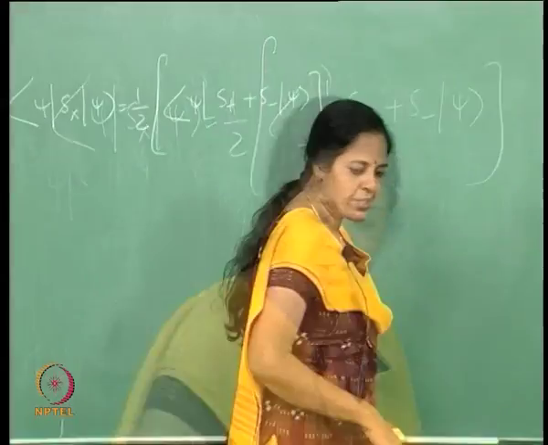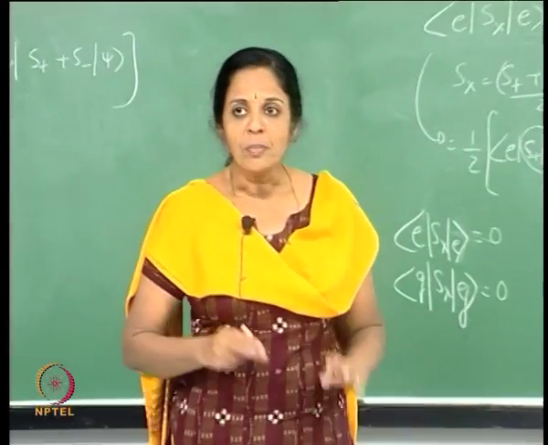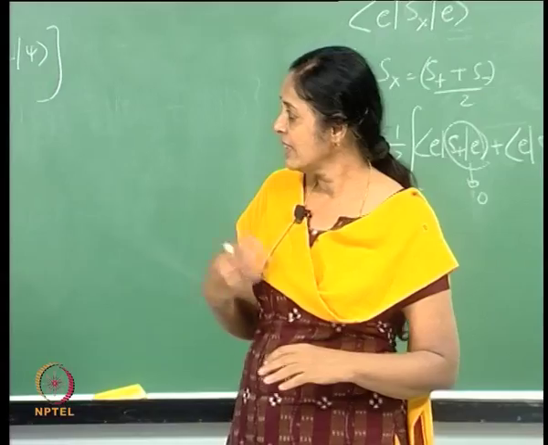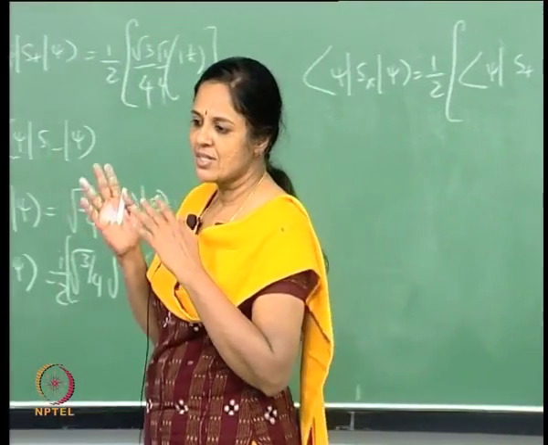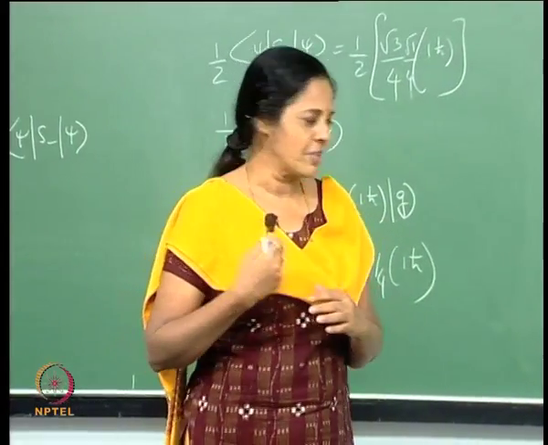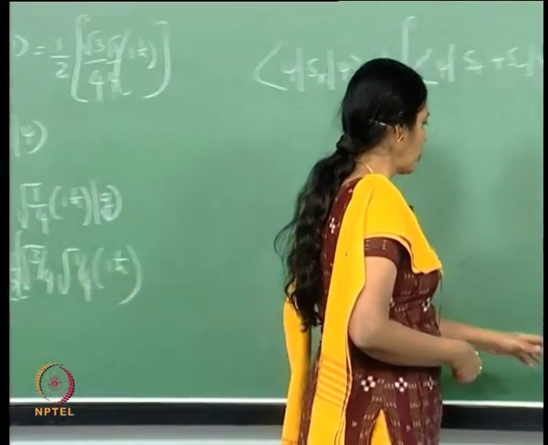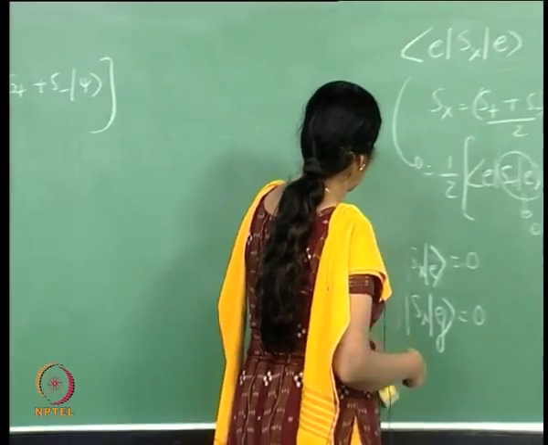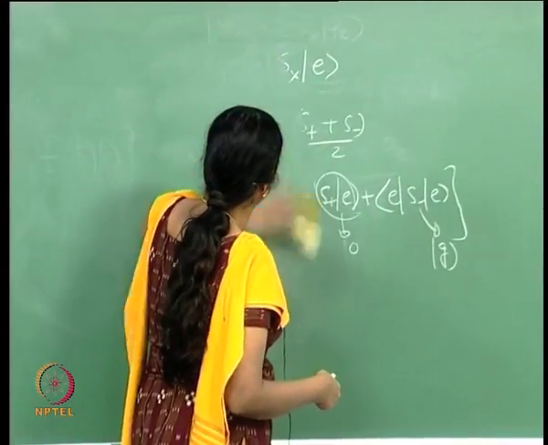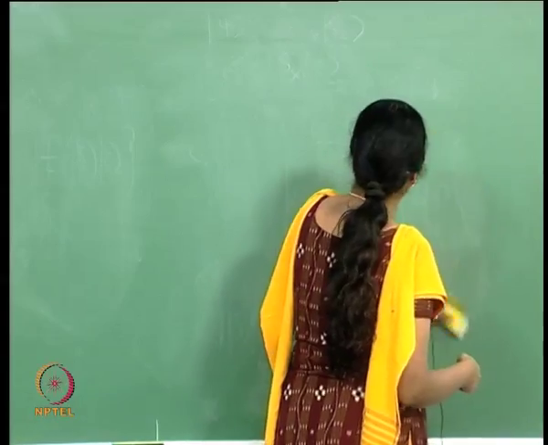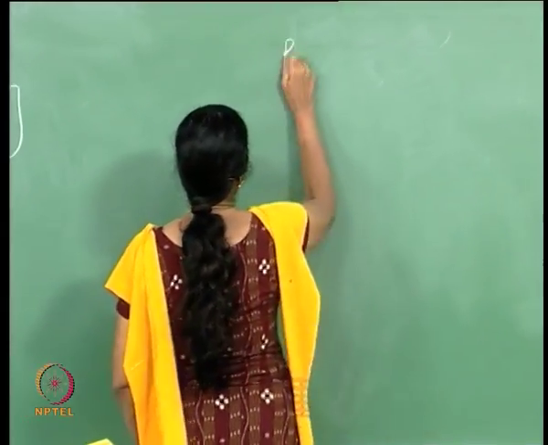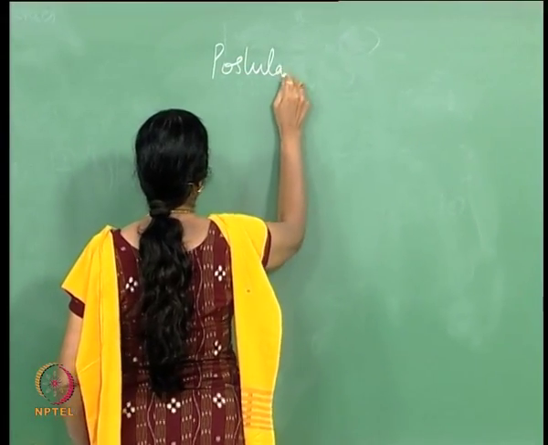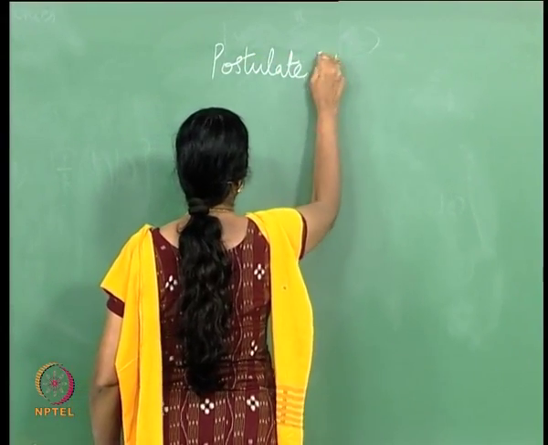So much for expectation values of operators. The next postulate is about how exactly you go from classical physics to quantum physics, and the postulate says the following. So this is postulate 4.